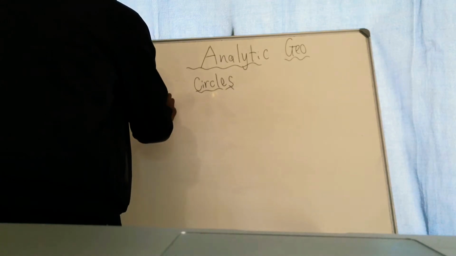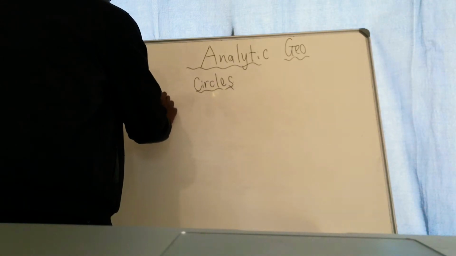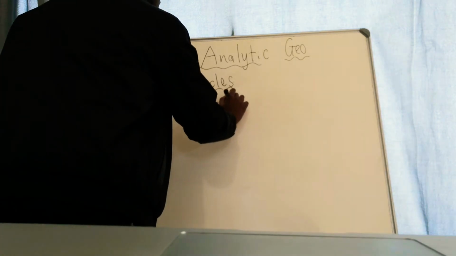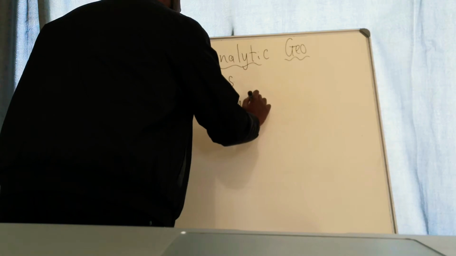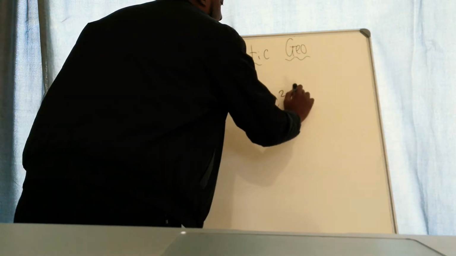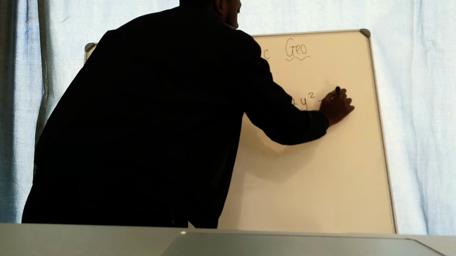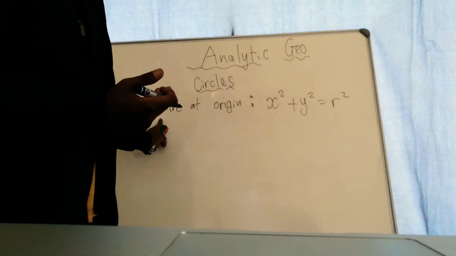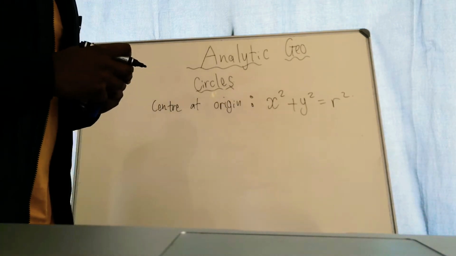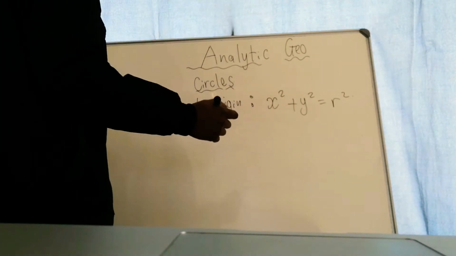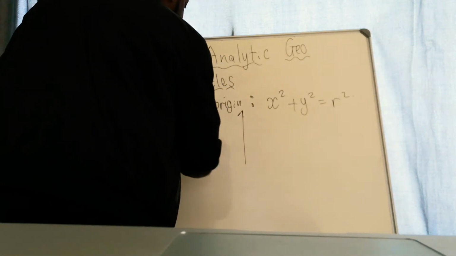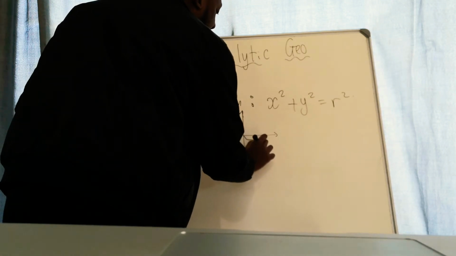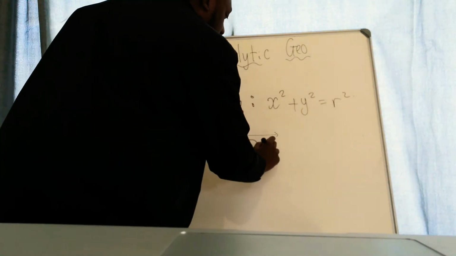So now let's look at the general formula of a circle. So circles that have the center at the origin have this general formula here: x squared plus y squared is equal to r squared. So what does this mean? That the center is at the origin. Well, if you think about a Cartesian plane, that point right there where x and y are 0 is called the origin.